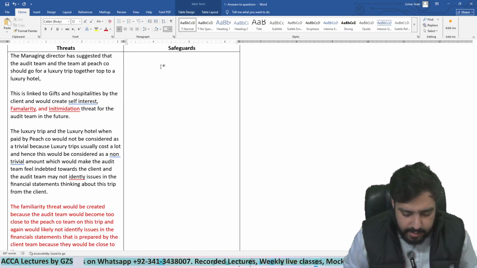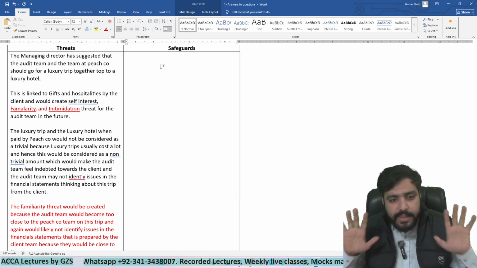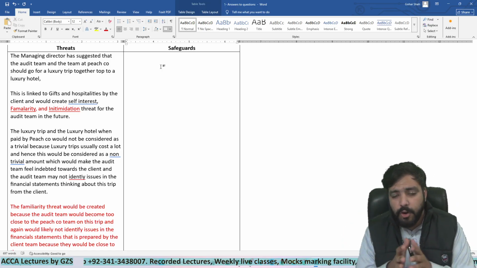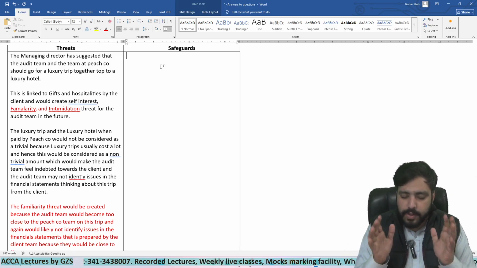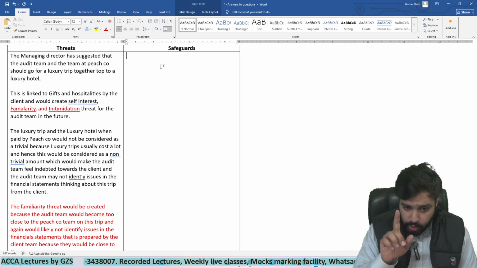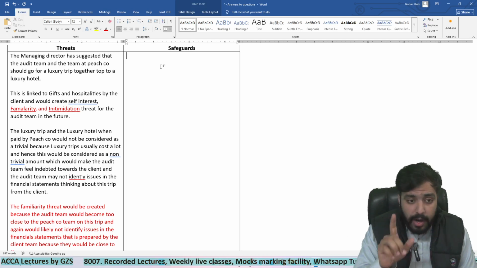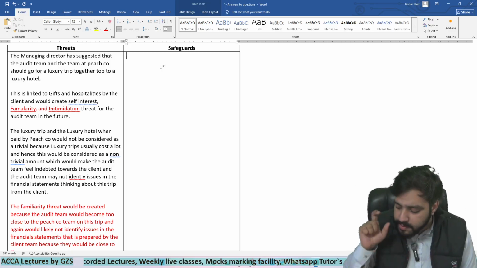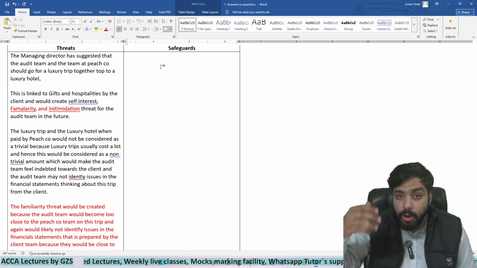Let's write down our answer. Let's structure our answer. We know that there is no safeguard against it that can reduce this threat to an acceptable level. So the only answer is no, we can't do it. That's it. So I'm writing my answer down, and check how I draft my answer. Not simply giving the safeguard against it, but also explaining other things.